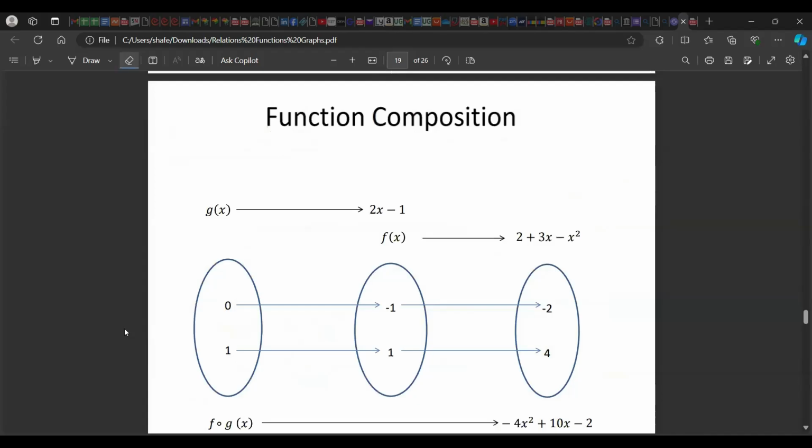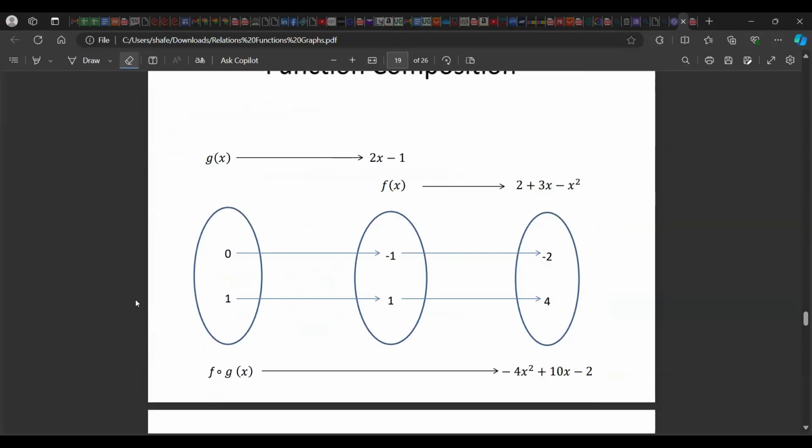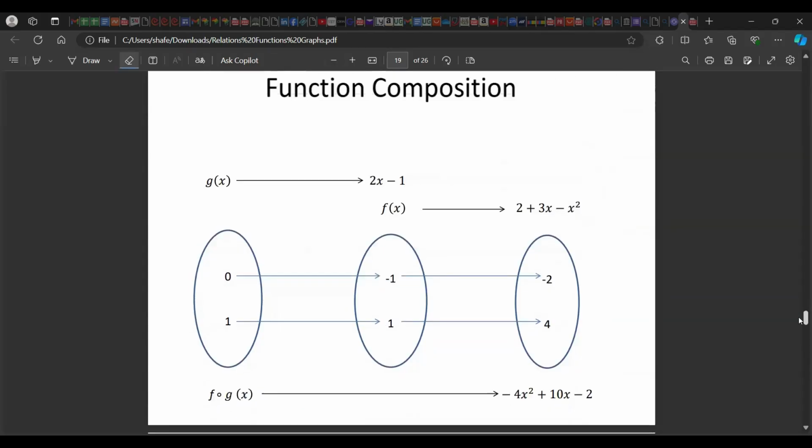Just to illustrate function composition, look at this here. We take an input 0, 1, and we pass it into the function g of x, right? So we take 0 and 1, we multiply it by 2, and then we subtract 1, and we get minus 1, 1.